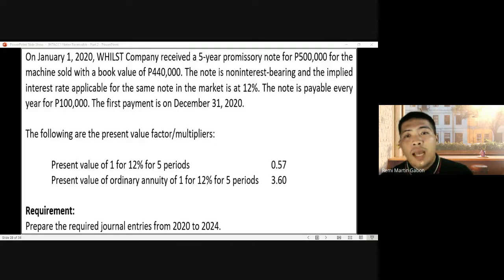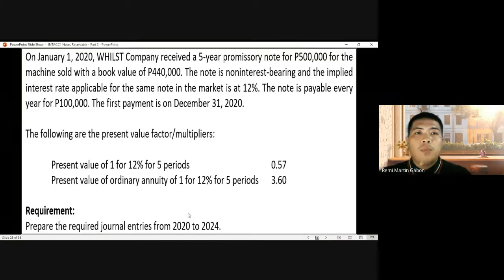So it's like hitting 2 birds with 1 stone. The present value of annuity due is different, so that comes later. I hope you were able to catch up on how we got 0.57 and 3.60.